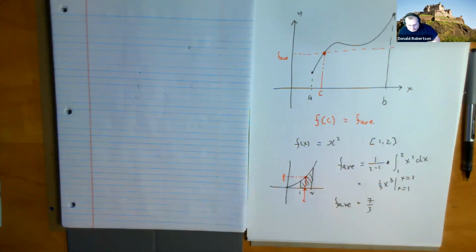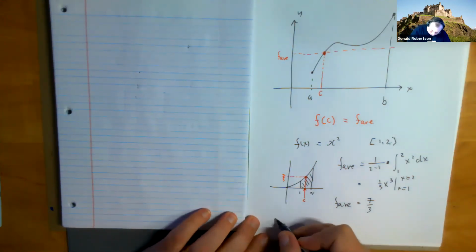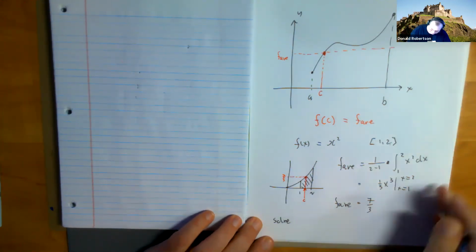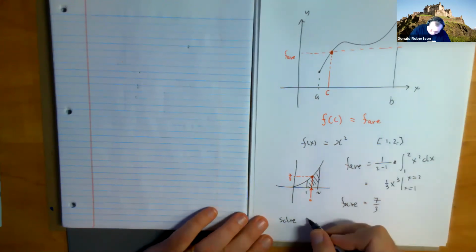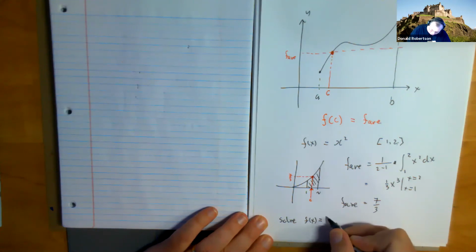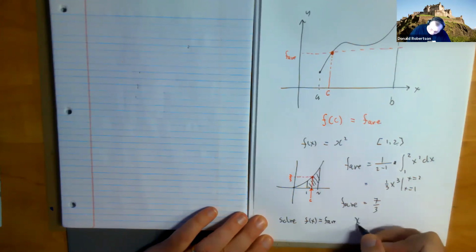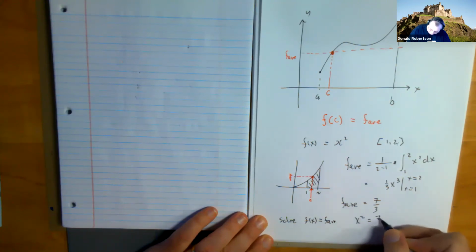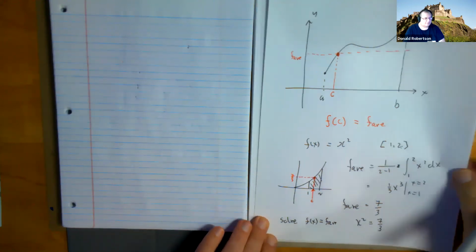Our last piece of the puzzle is to find the x coordinate, the C value that has this property. So what I'm trying to do is solve when the function is equal to its average value. So when is the function, which is x squared, equal to its average value, 7/3?